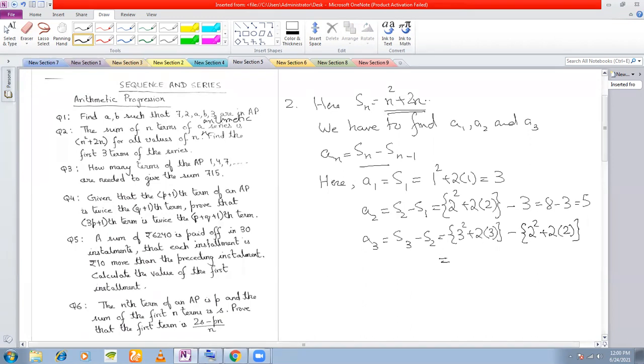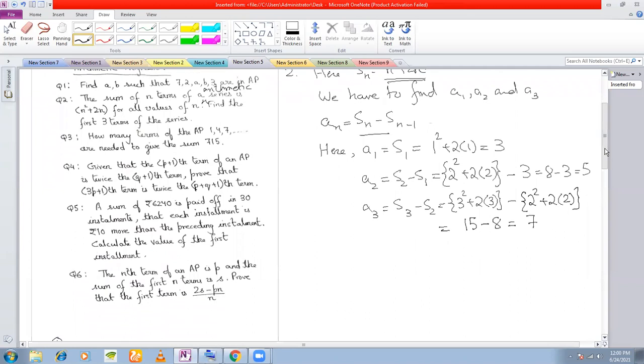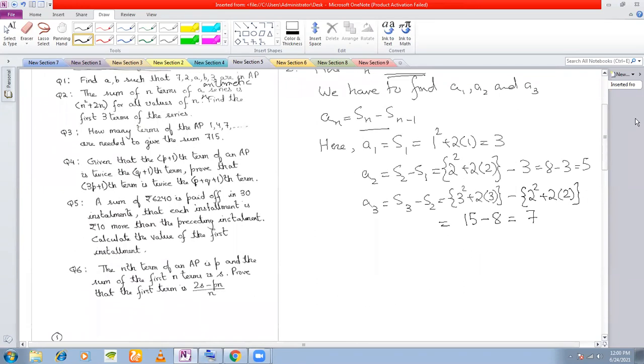That's it. So you get 15 minus 8, which is equal to 7. Okay, so these are the first three terms, right? So this is done. I don't think anything else is required. Question number 3.